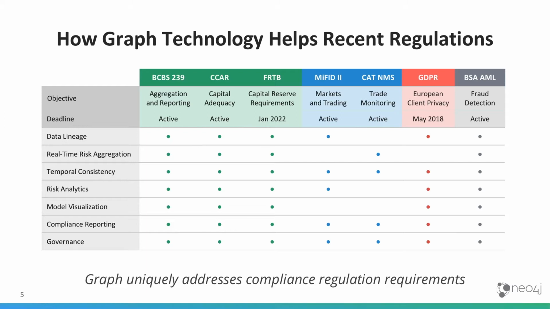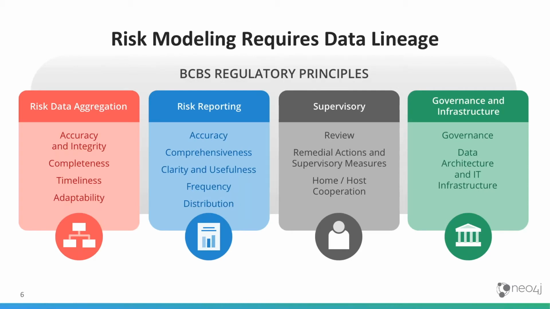With that, we'll talk a little bit about BCBS 239. A lot of you may have seen a picture of BCBS regulatory principles around data aggregation, risk reporting, supervisory, and governance and infrastructure. The point here is that one of the key asks of BCBS is data lineage, and having accurate and reliable risk reports requires a clear understanding of this data lineage.